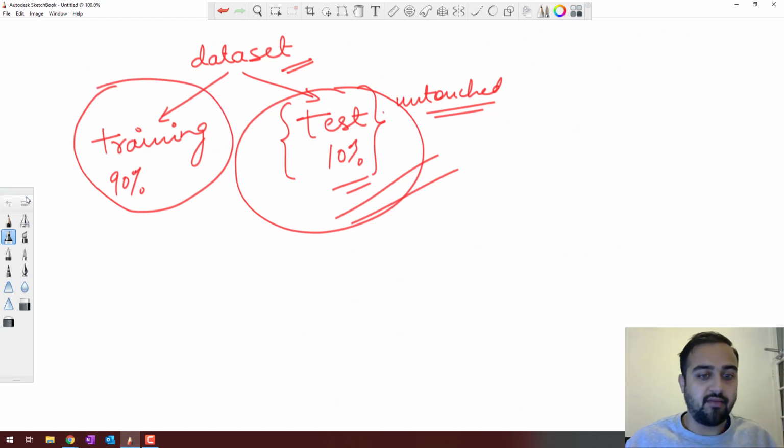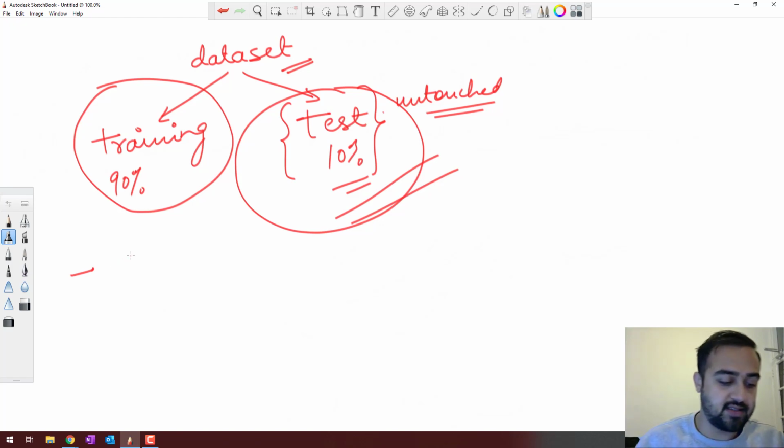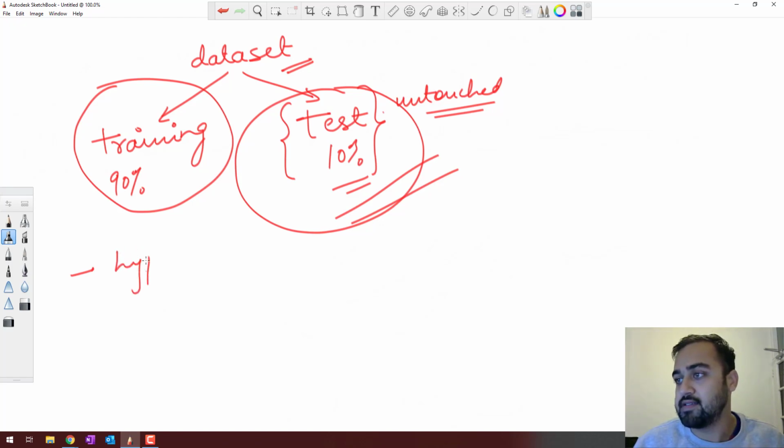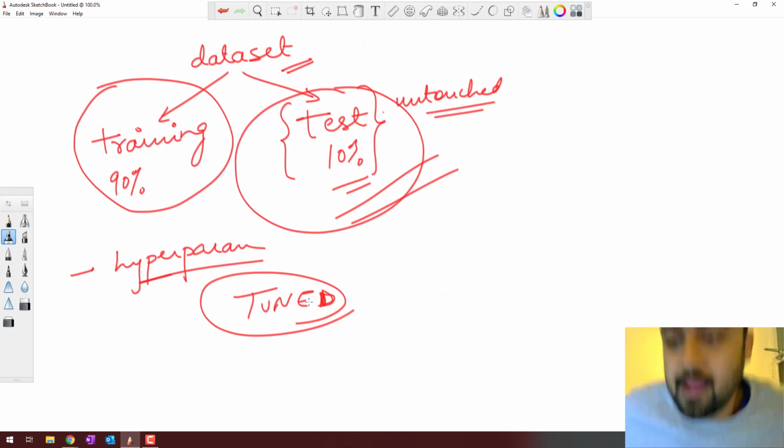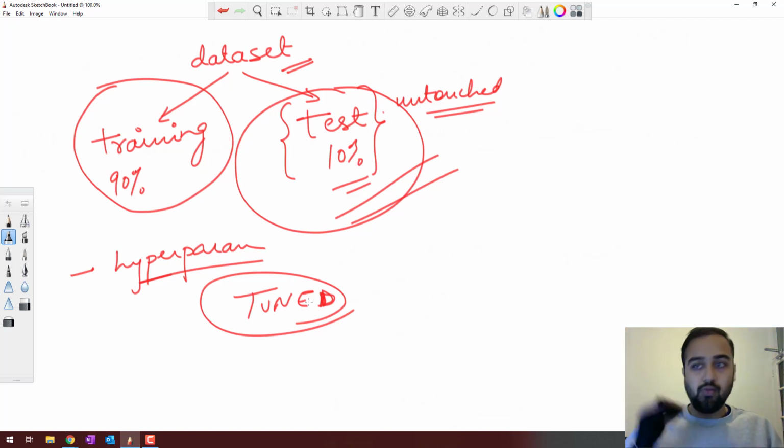But now we are faced with a problem that each algorithm has many different parameters or hyperparameters that need to be tuned, right? Because you can achieve a certain level of accuracy with a model, but if you want to break through or go over that, you need to tune your hyperparameters for any algorithm.